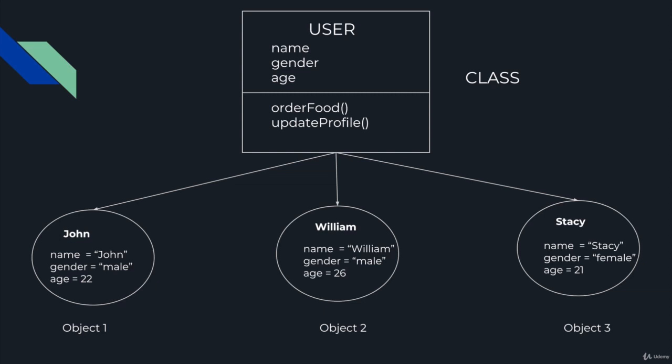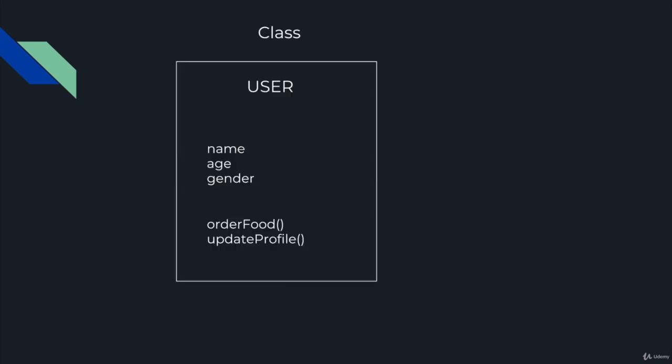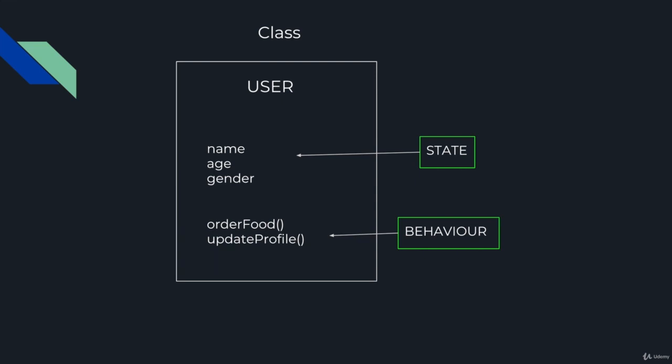Now let's take a look at the user class. This is what a user class will look like. You can see the states and the behavior defined. The states can be defined using variables. So a class uses variables to define the state for an object, and behavior is defined using a method.